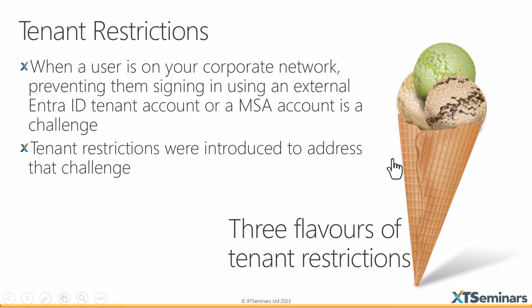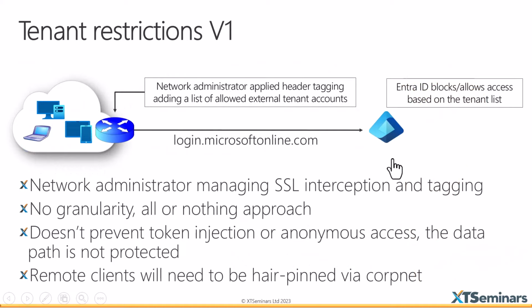Well, we manage it with tenant restrictions, and there are actually 3 flavors of tenant restrictions. There's tenant restrictions V1, and with tenant restrictions V1, it was down to a network administrator to apply header tagging with a list of allowed tenant accounts into your customer premises equipment.